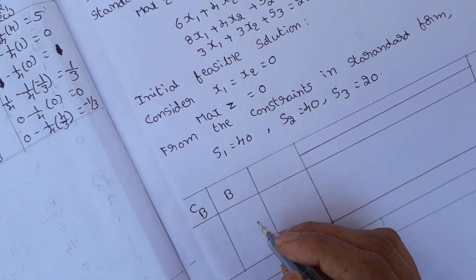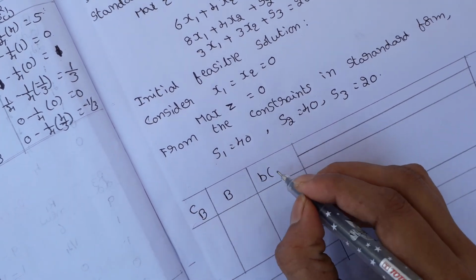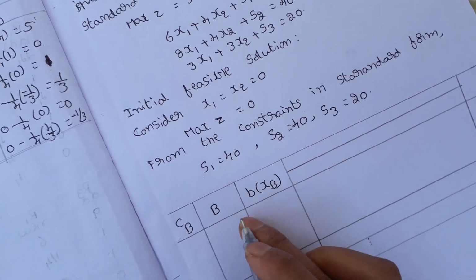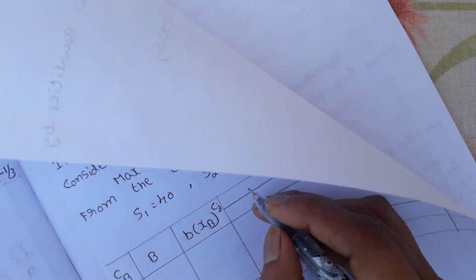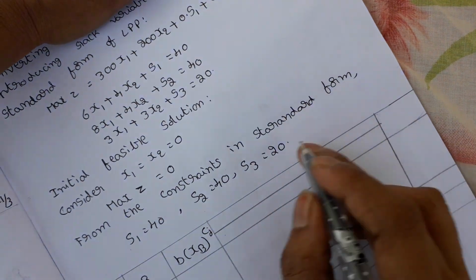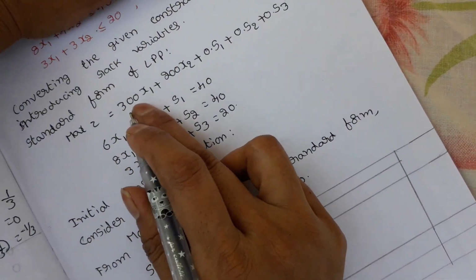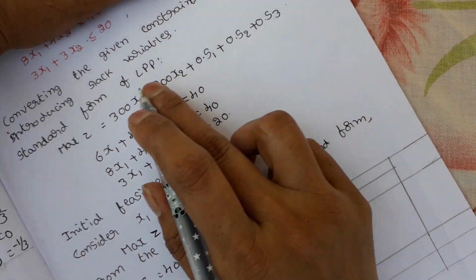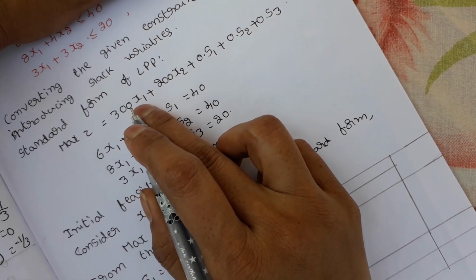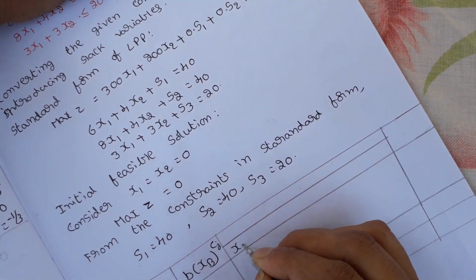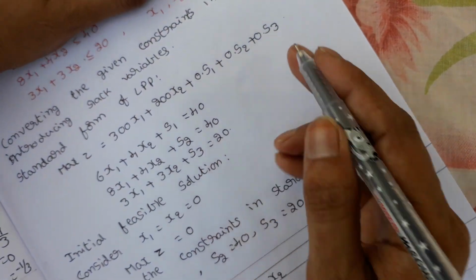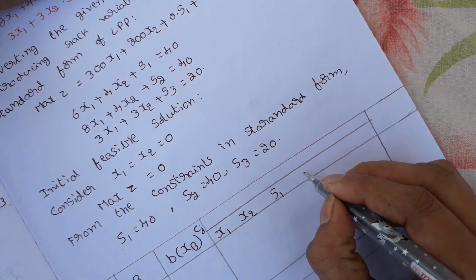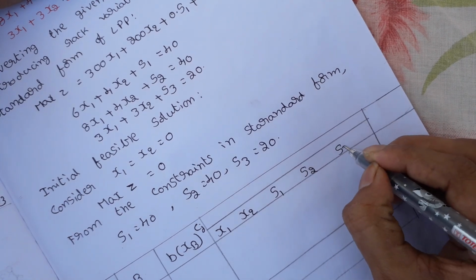Second, the basis variables. Third, the solution, that is XB. Then we take Cj, and here we take the different variables from the objective function: x1, x2, next s1, s2, s3.